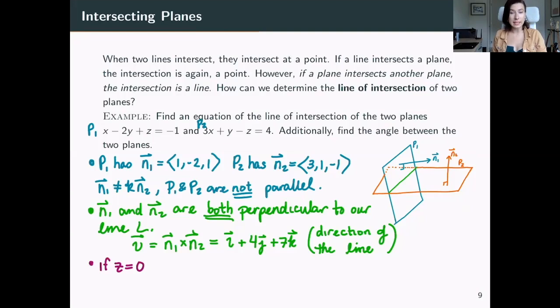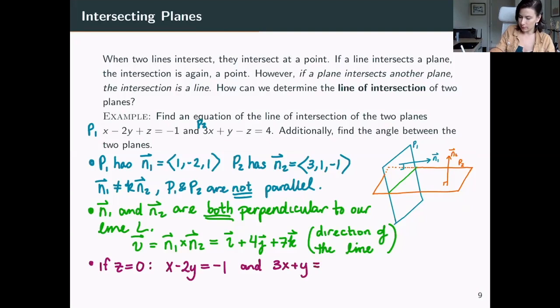So if z is equal to 0, we end up with the equations x minus 2y equal to -1 from our first plane, and we will also have that 3x plus y equals 4. Simultaneously, these must be equal because it's where those planes are intersecting.